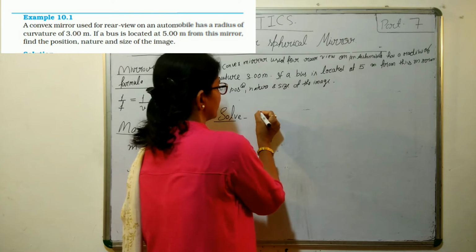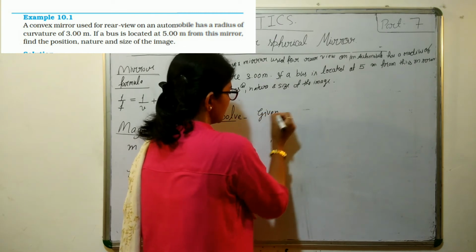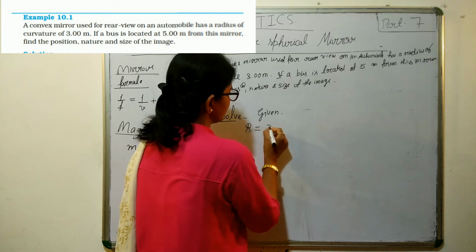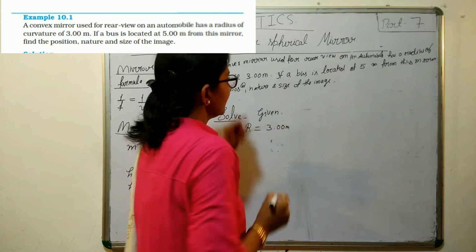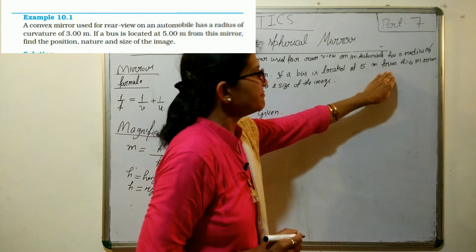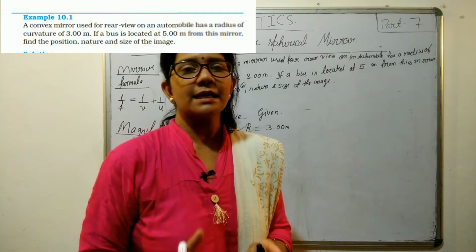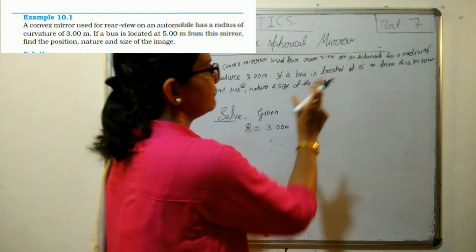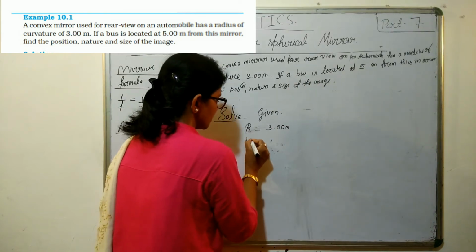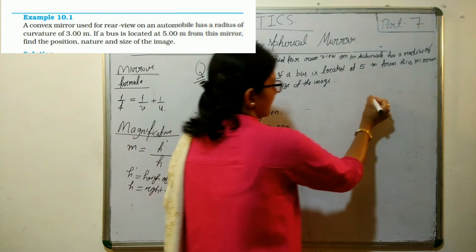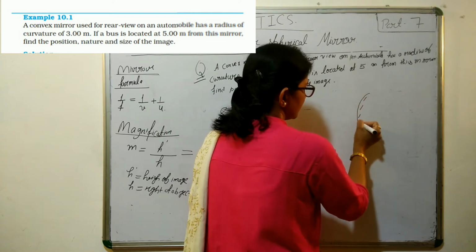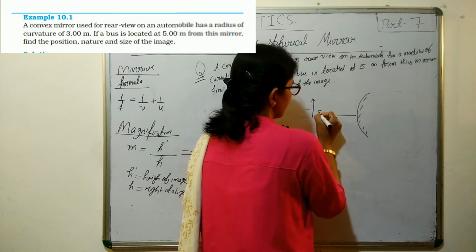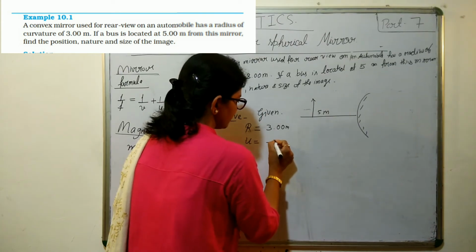At first we have to write what is given. So the radius of curvature is given, which is 3 meter. Then, if the bus is located 5 meter from this mirror, it is telling the u. The bus is your object, located 5 meter from the convex mirror, so u is minus 5.